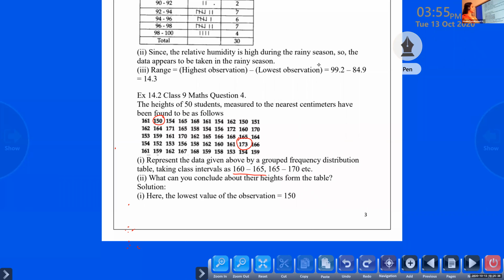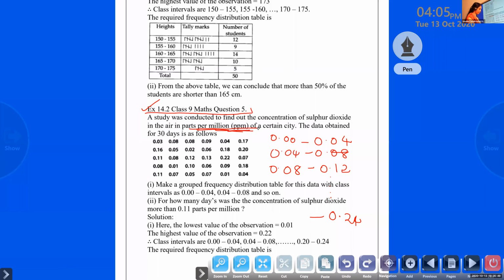A survey was conducted to find out the concentration of sulfur dioxide in the air in parts per million. For air pollution, we always use ppm. Always remember this, parts per million. Okay, children?